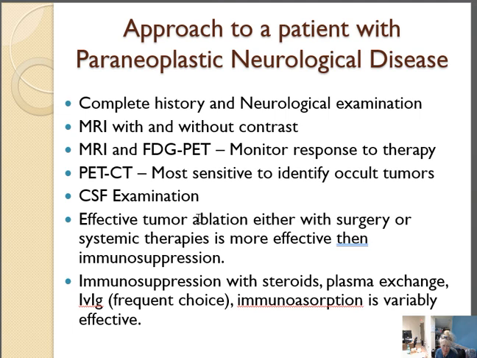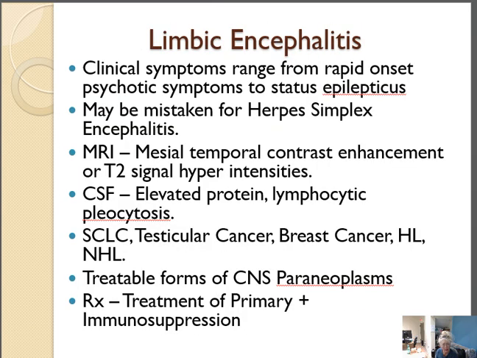Tumor ablation is the most effective way of getting rid of any paraneoplastic syndrome. And of course, if we can't, or if we need to do both, immunosuppression and plasma exchange can help, especially with certain aplasias. Well, that's more bone marrow, but for instance, like polycythemia vera.